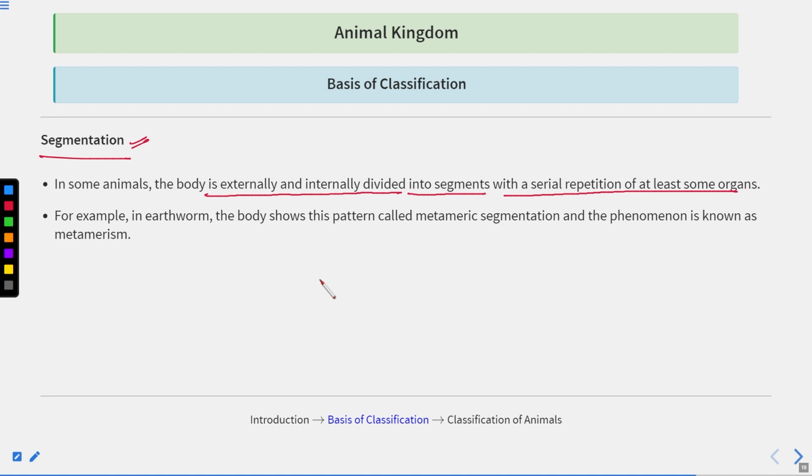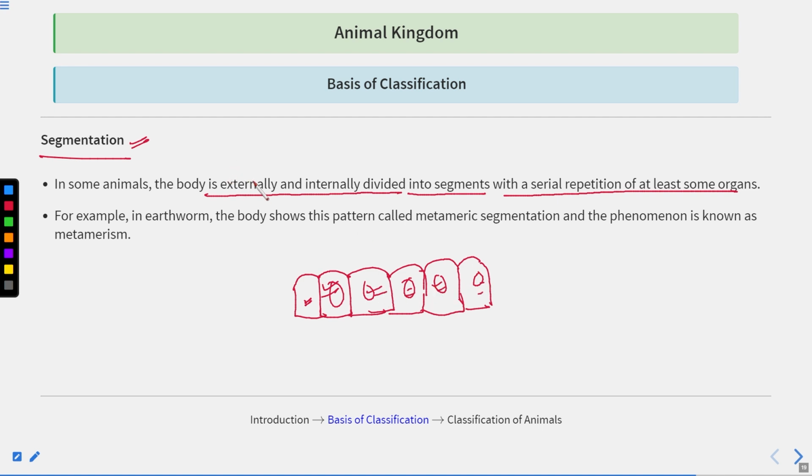Now here you can see the segments in the body like this. You see that in these segments, some organs are repeated. Organs are repeatedly present in these segments.